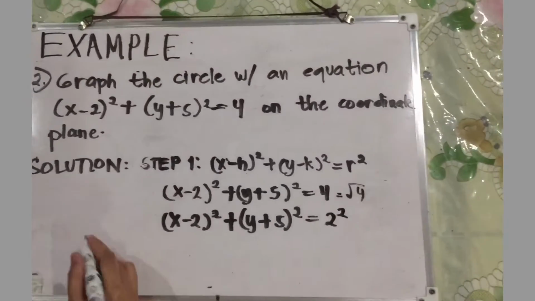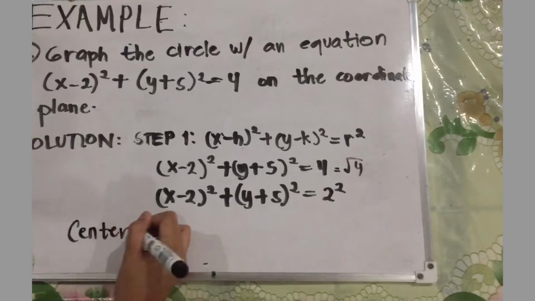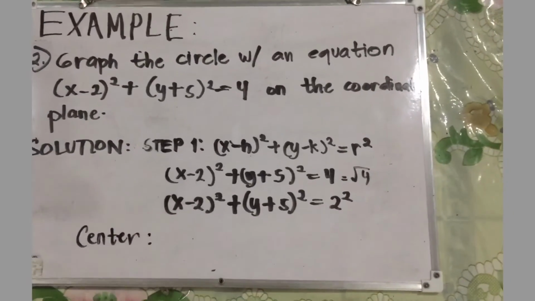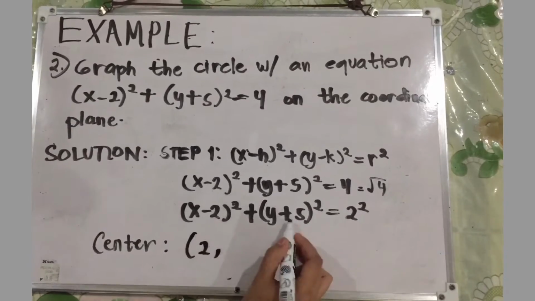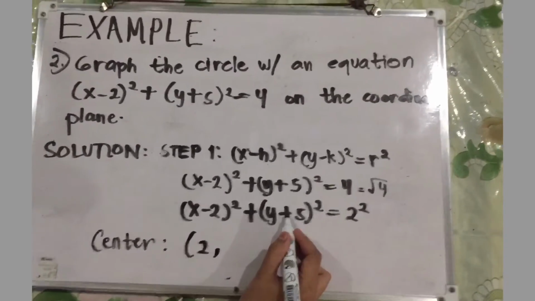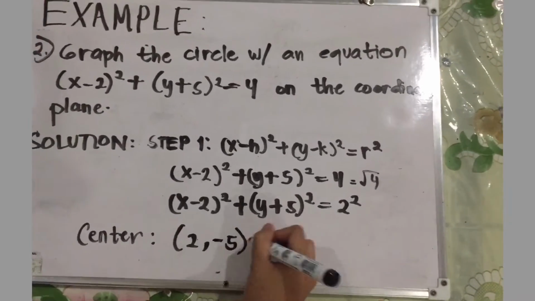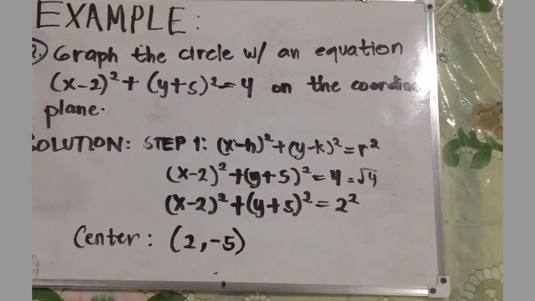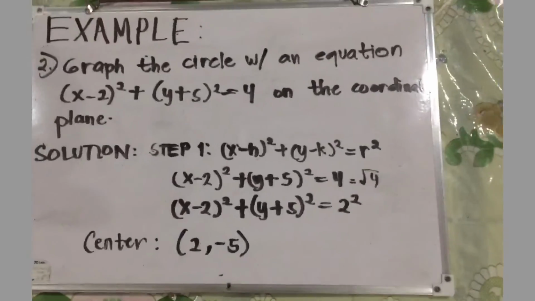So now we can find the center. The center is (2, ...), and from the standard form, since it is plus 5, we have negative 5. So the center is (2, negative 5).